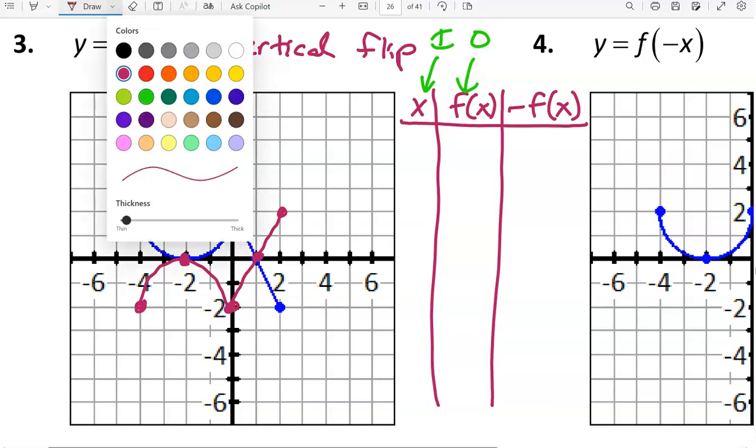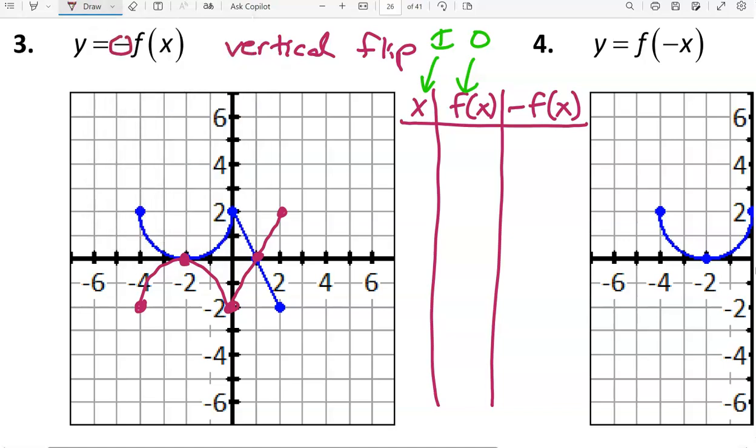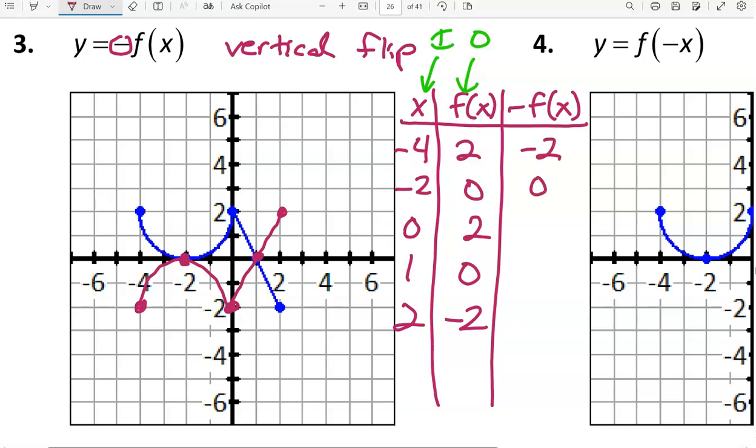That is where the points for the original function go: -4, 2; -2, 0; 0, 2; 1, 0; and 2, -2. And to get from f of x to the opposite of f of x, just take the opposite of each of those f of x values. And then we just graph the points x versus the y values in the last column.